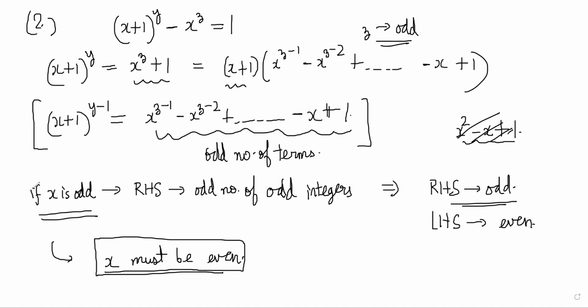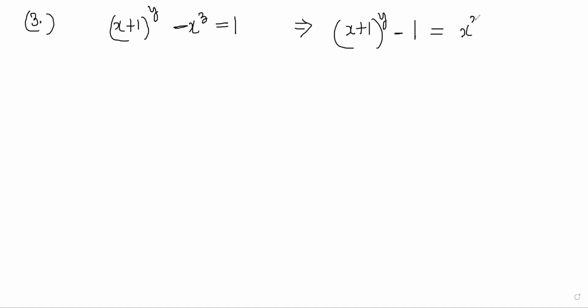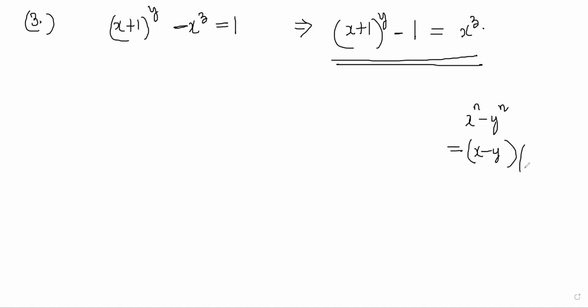Okay. The third part of the question that we can say is we have this equation (x+1)^y - x^z = 1, and we can rewrite this as (x+1)^y - 1 is equal to x^z, right? Once we have rewritten it like this, we can use the factorization of a^n minus b^n, which is (a - b) times (a^(n-1) + a^(n-2)b and so on).